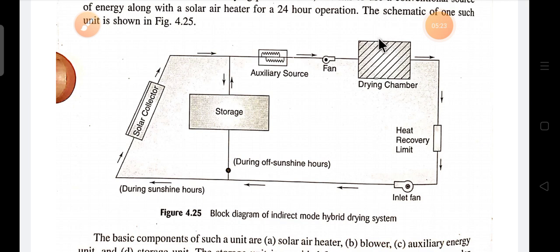After circulating inside the drying chamber, the hot air goes out through the heat recovery unit. Here the hot air gets cooled and goes to the inlet fan, and the process recycles again.